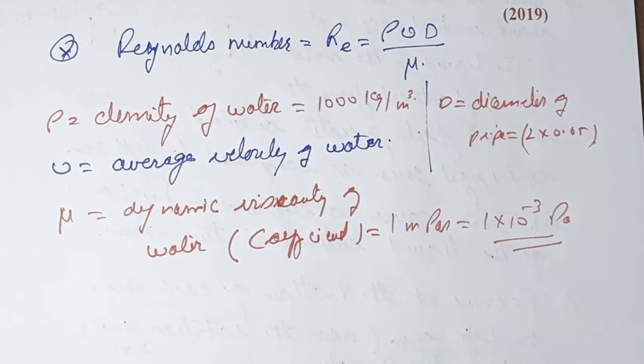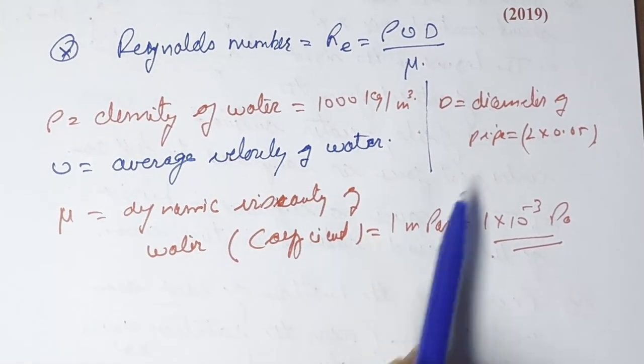So only thing we have to calculate is the average velocity, and rest of the parameters are given directly to us.